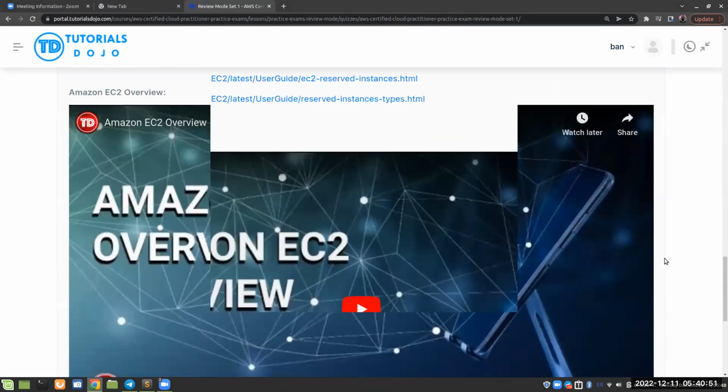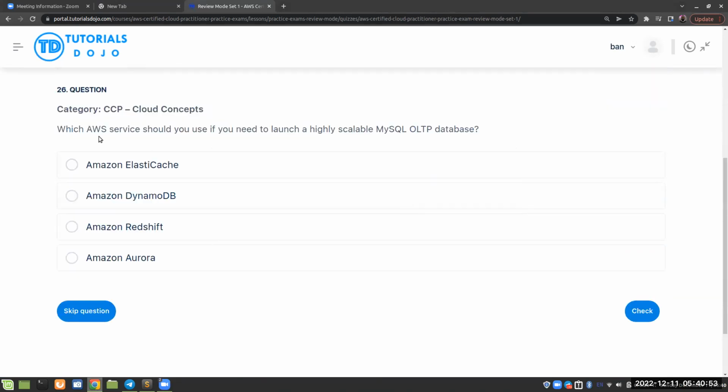Question 26, that should be, which AWS service should you use if you need to launch a highly scalable MySQL or LTP database? Is it Amazon Elasticcache, DynamoDB, Redshift, or Amazon Aurora?